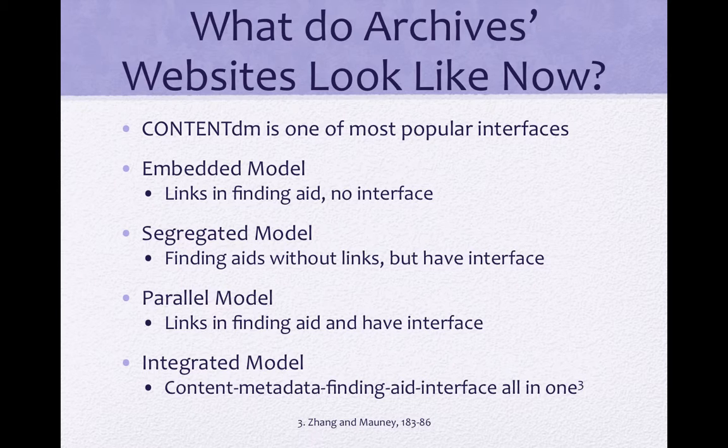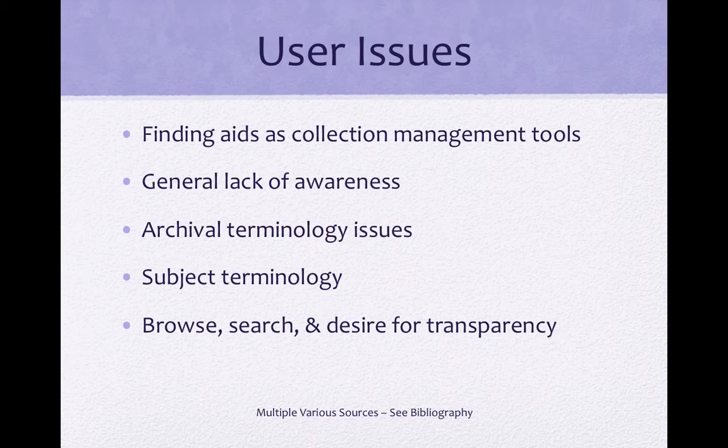So it's kind of everything all in one. It's a fully functional finding aid / interface where users can experience content in context. And it really seems to be kind of the ideal, though it's difficult to achieve.